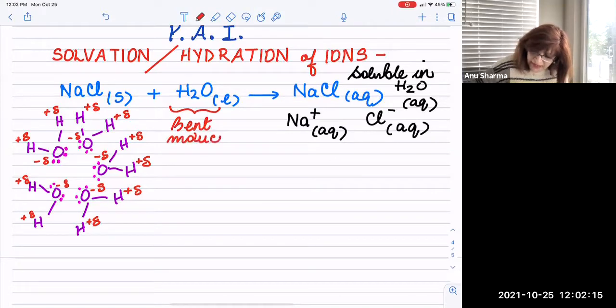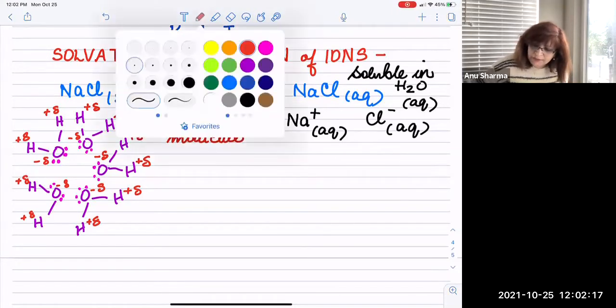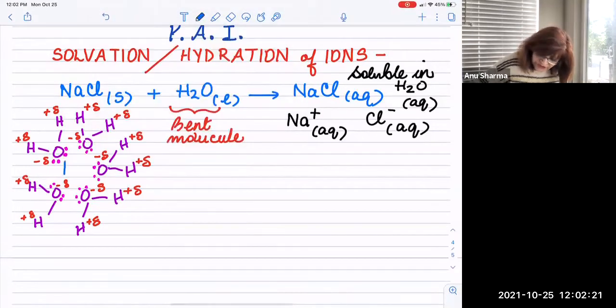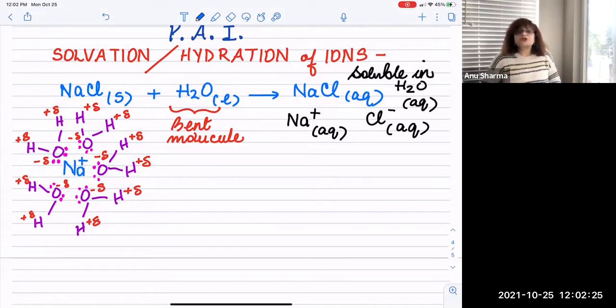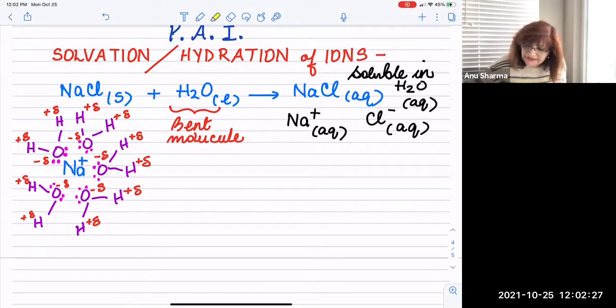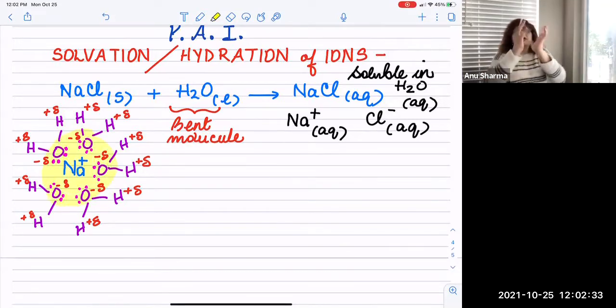So now when it's bent, what does it do? It traps all the oxygen, surrounds these sodium ions, and sodium ions are positively charged. So you see they form this layer all around the sodium. Sodium being positively charged is now engulfed from all sides. I'm only showing you two sides, but in reality, it's a sphere, like a ball.